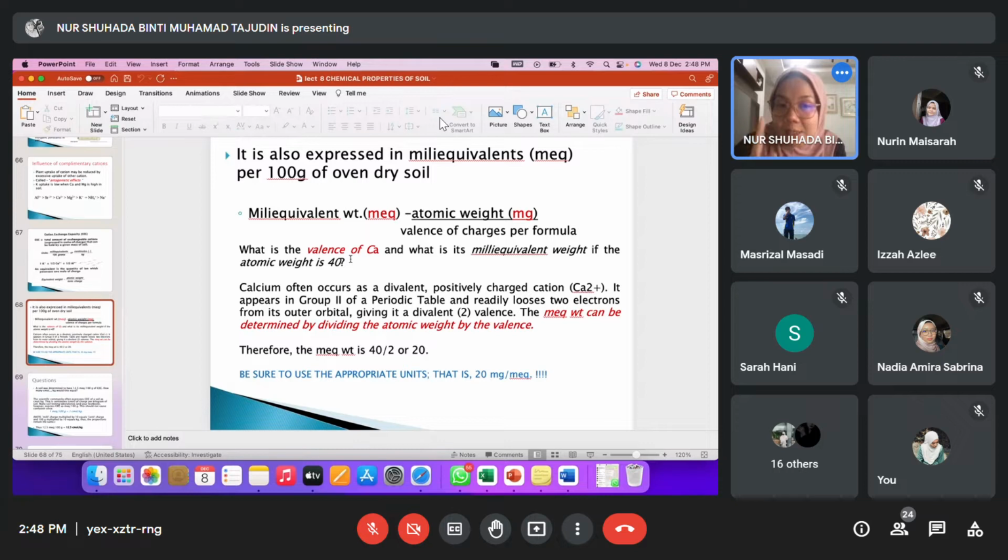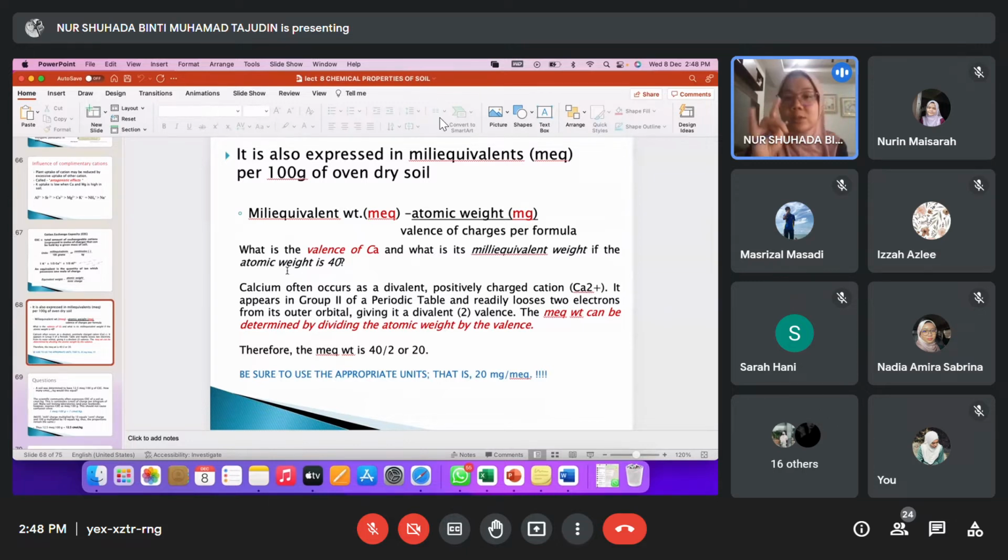Okay, so the milliequivalent weight, how we want to calculate, is 1 MEQ can bring 1 charge, while the atomic weight for calcium is 40.